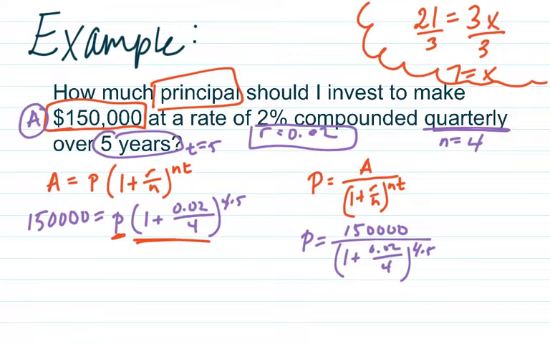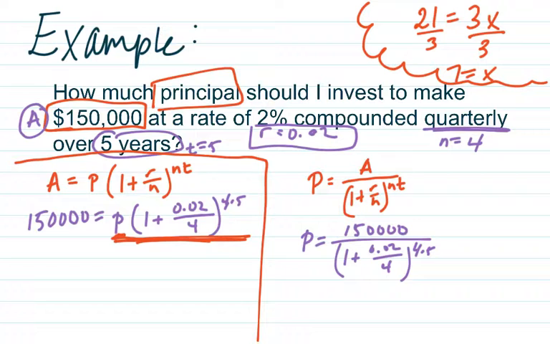So in this case, on the left-hand side, using the compound interest formula, to solve for P, I would just take this side of the equation and divide by this entire 1 plus 0.02 divided by 4, to the 4 times 5. Okay, but what I do on one side of an equation, I have to do on the other side of the equation to keep it balanced. So I would take this and divide by that same value.